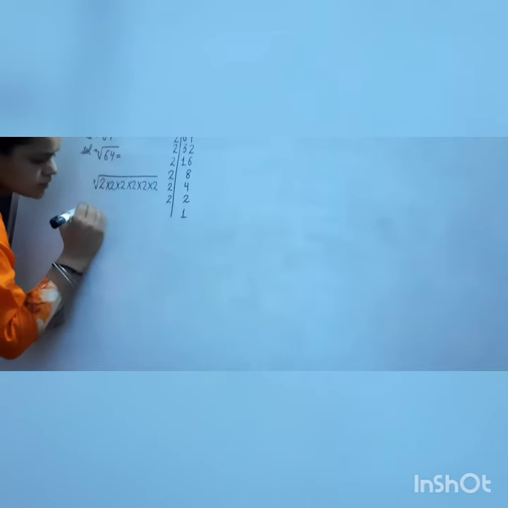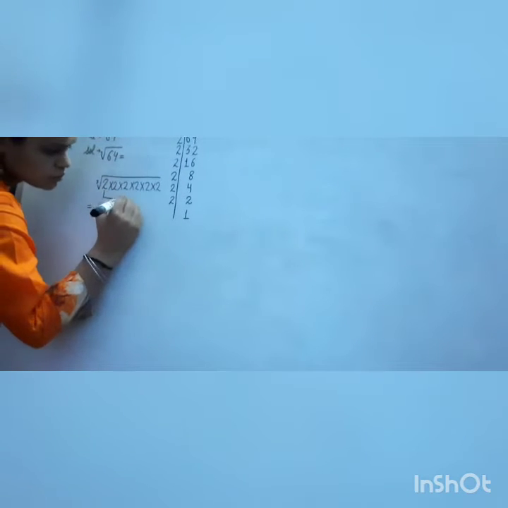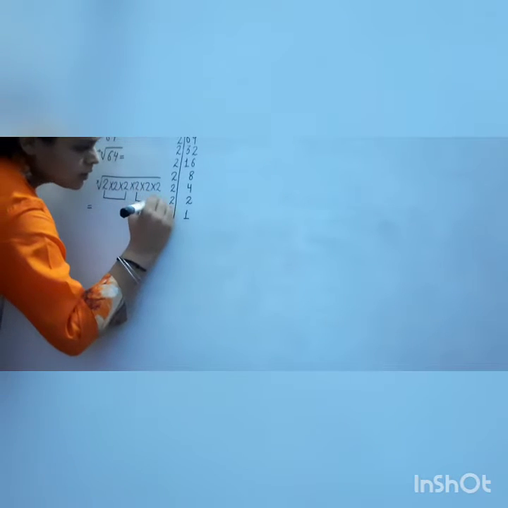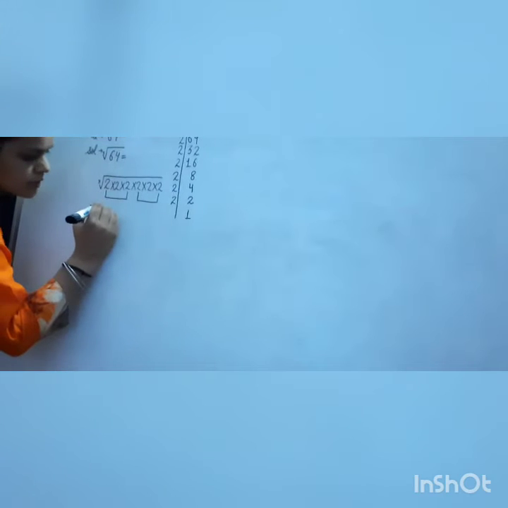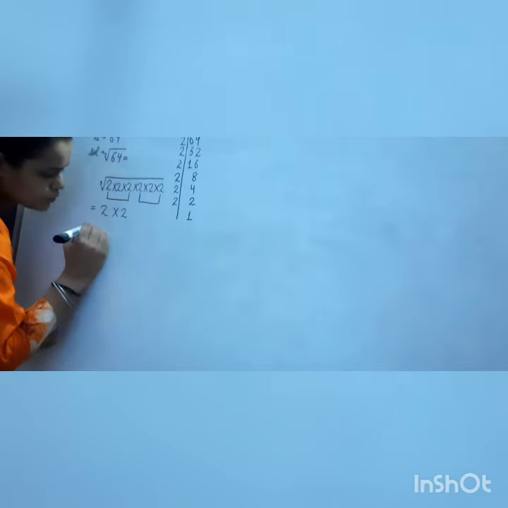Okay, class. Now what you will do next? You know that these two are forming the triplet and these two are forming the triplet. Okay. It means that you will write 2 multiply 2, 2 to the 4. The cube root of 64 is 4. Okay, class.